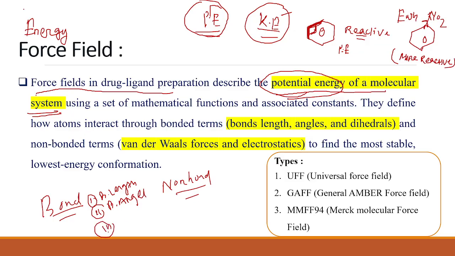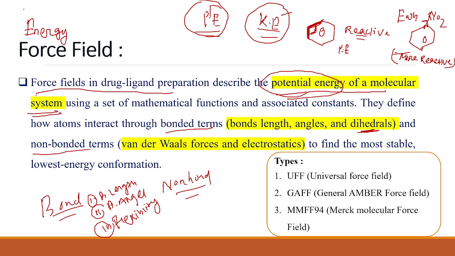The third thing will be the dihedrals. Dihedral is nothing but the vibration or rotation. What is the rotation? That is the flexibility. So these three terms, the bond length, bond angle, and the torsion or flexibility, are the bonded terms.